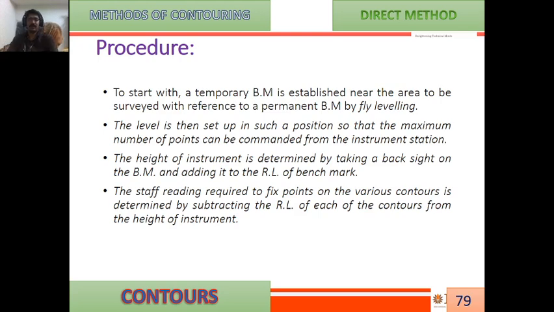Fly leveling I have explained. The instrument is set up and readings are taken over the benchmark and the height of instrument is determined, and the staff reading required at the fixed point on the various contours is determined by subtracting the RL of each contour from the height of instrument.